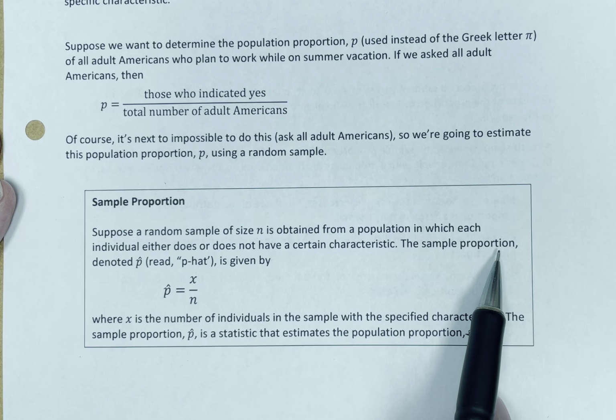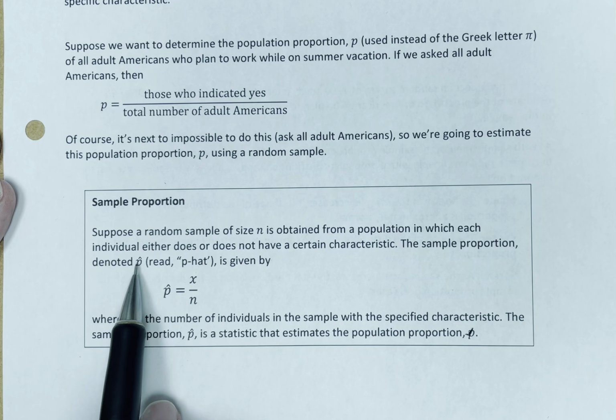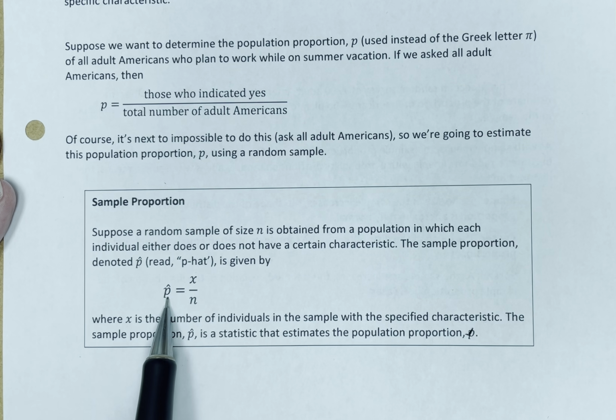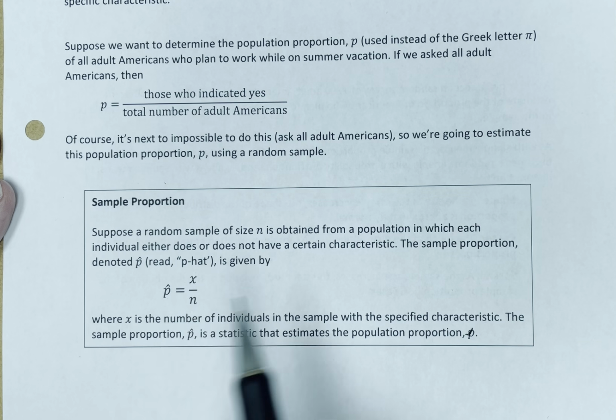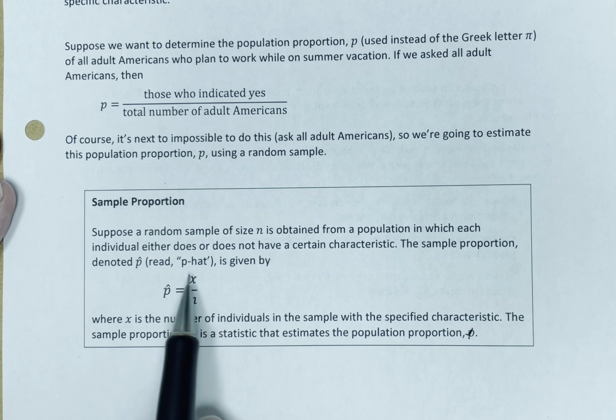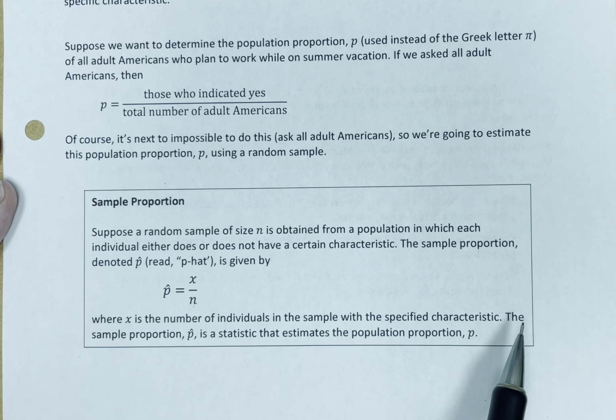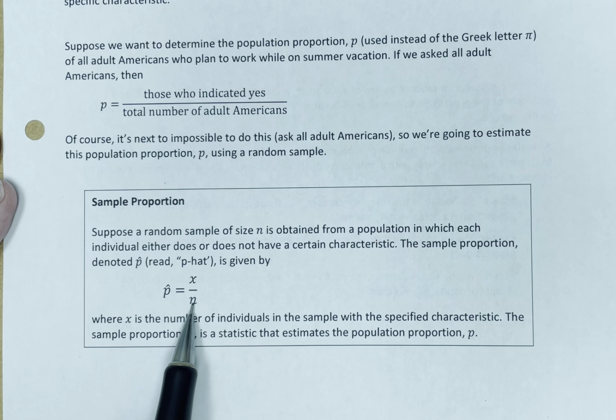The sample proportion, which we denote as P hat, because we're using the letter P for the population parameter, we're using P hat for the statistic, is given by the number of individuals in the sample with the specified characteristic divided by the number of individuals in the sample, the sample size.